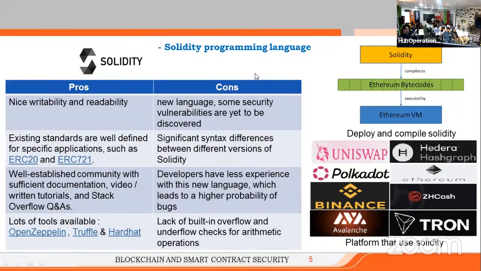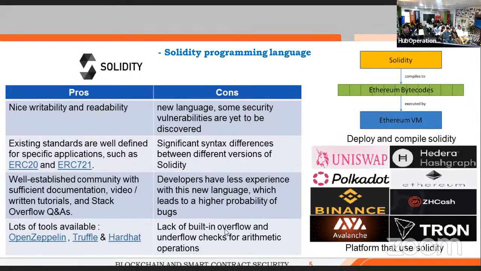It also contains some really critical vulnerabilities like overflow and underflow for arithmetic. Solidity doesn't check for overflow and underflow vulnerabilities; I will talk about that in a few slides. This problem was solved in Solidity version 0.8.0.